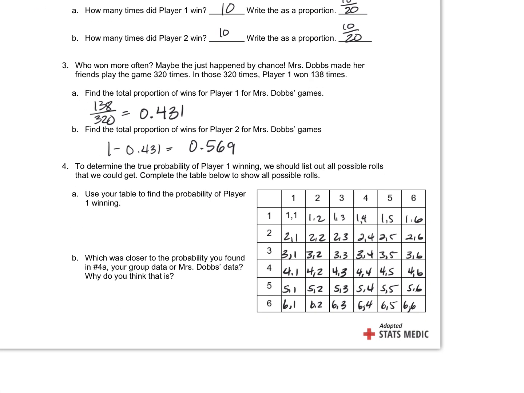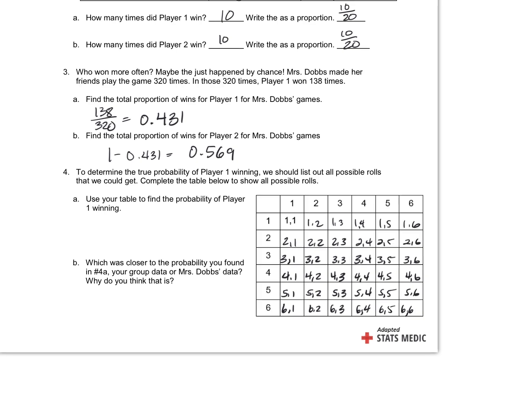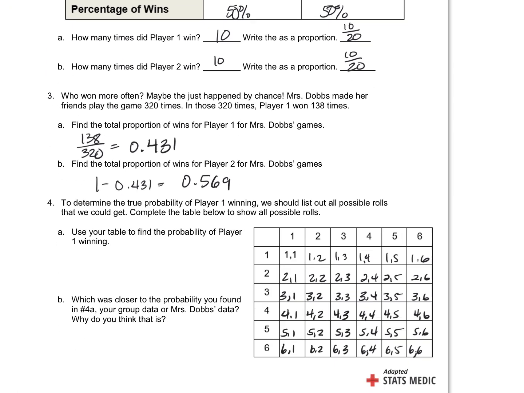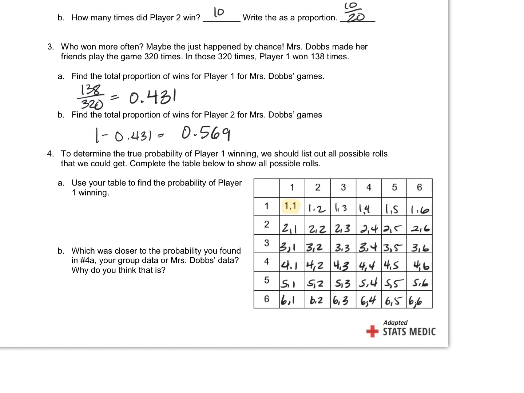So I'm going to highlight the largest values. Highest values are 4.